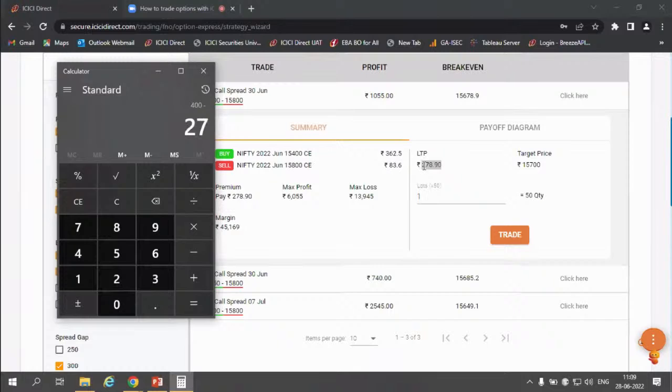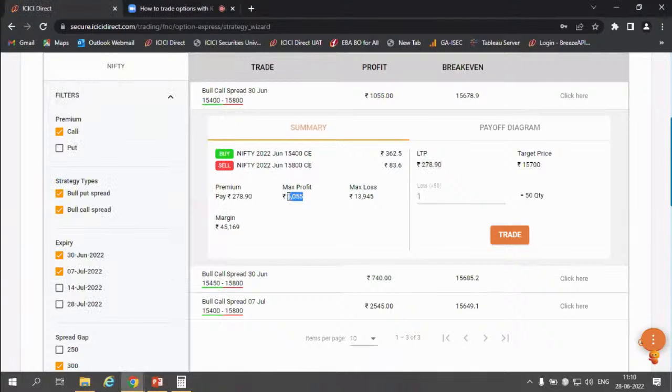That gives 121.1. If I multiply this by 50, because I'm trading just one lot at the moment, this is what my maximum profit will be. I hope you understand this calculation, because it is plain and simple.